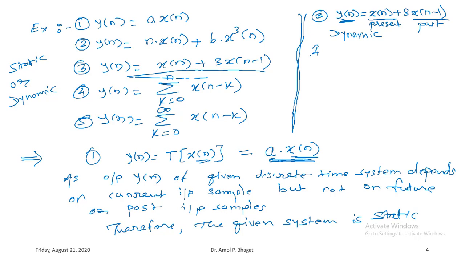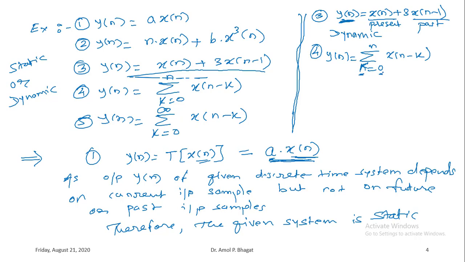What is the fourth equation? The fourth one is y of n equals the summation over k equals 0 to n of x of n minus k. If you observe this input output equation, the minimum value of k is 0.